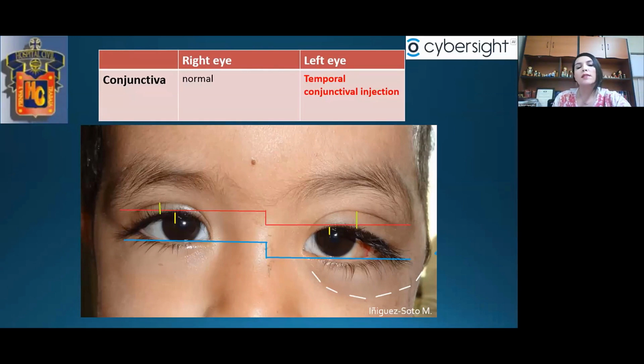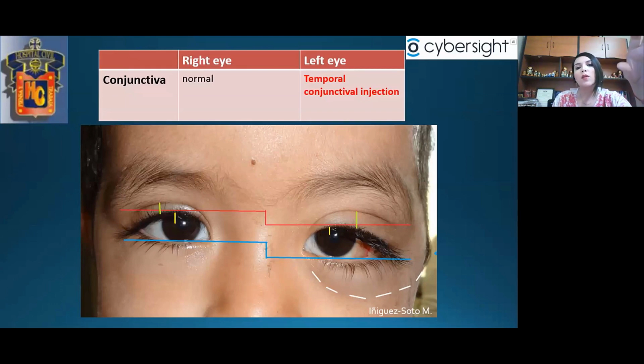If you see the distance between the light reflex in the cornea and the distance that goes to the border of the eyelid, we can see a difference in which the left eye has a real ptosis. We can always see the sulcus line of the eyelid.